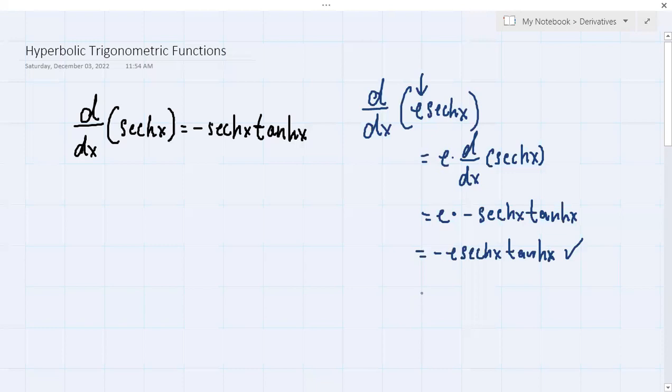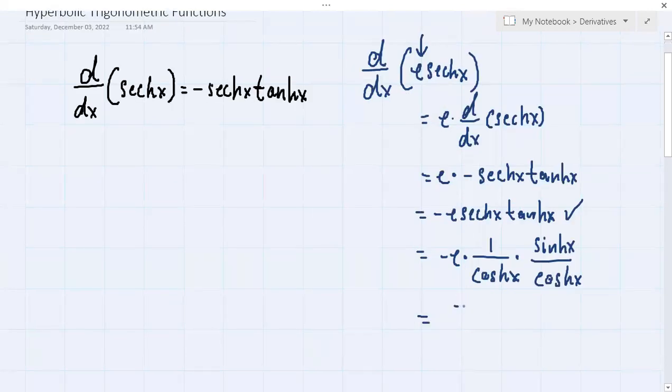So pwede na to, or you can still simplify this one. Remember na si secant hx is just the same as 1 over cosine of hx, and tangent hx is just the same as sine h of x all over cosine h of x. So multiply them together, we will have negative e times sine hx all over cosine h squared of x. So, pwede na rin to.